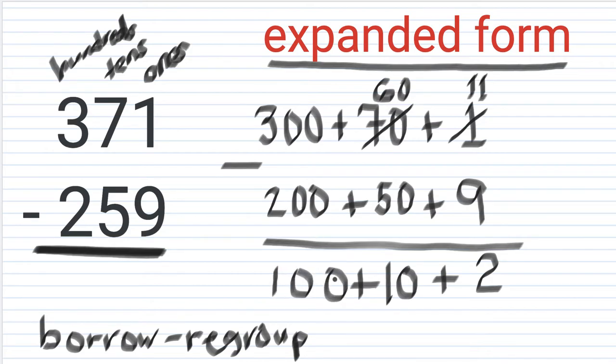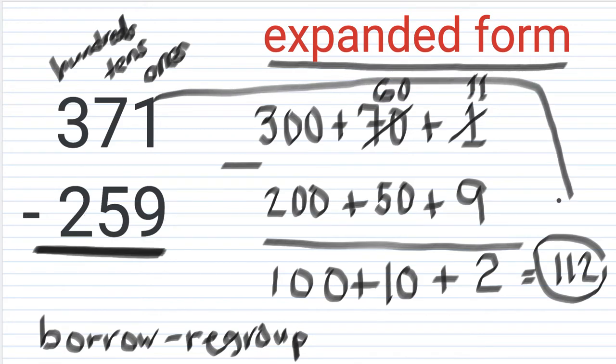So you can add this now. 100 plus 10 plus 2, the answer is 112. So meaning to say, 371 minus 259, the answer is 112. Now let's try to do the shortcut.